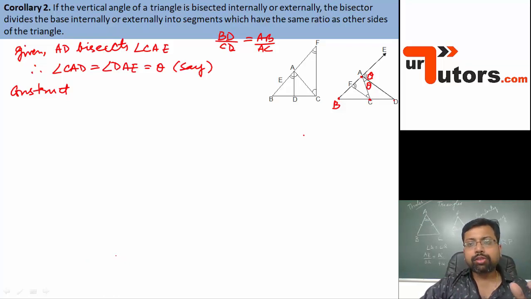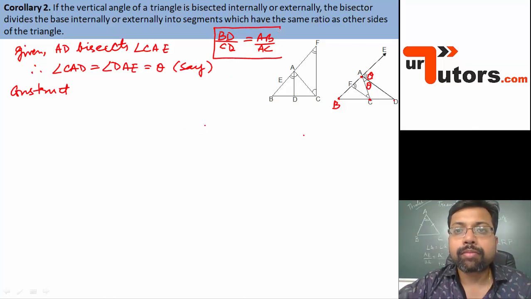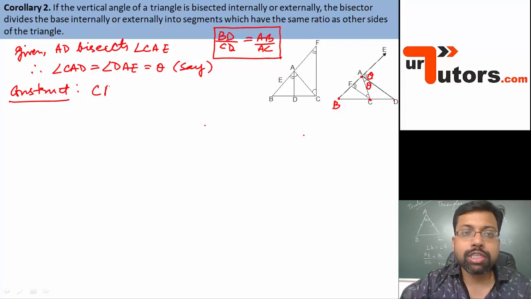And BD by CD will be equal to the other two sides of the triangle. Since base is BC, the other two sides are going to be AB and AC. So this is what we have to prove. BD by CD is equal to AB by AC. Okay. Now you construct similar as in the last case. So you construct CF parallel to A.